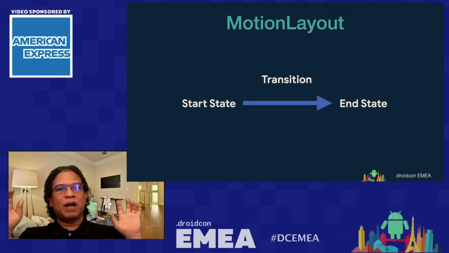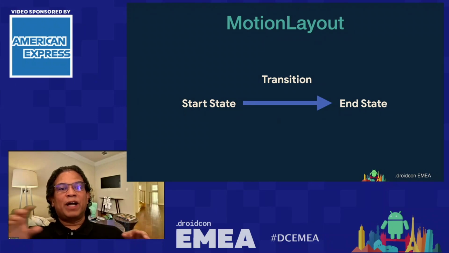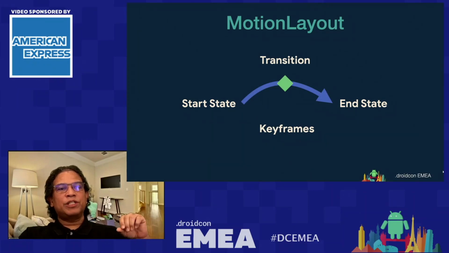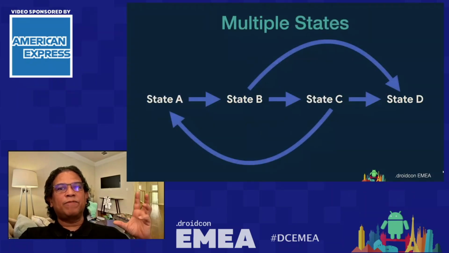You have a start state and an end state, and you define a transition between those two states. Within the transition, you can have keyframes, and they can adjust the organization. In fact, you can have many different states, and you can do a sort of state management associated with connected or not connected or whatever your application needs.